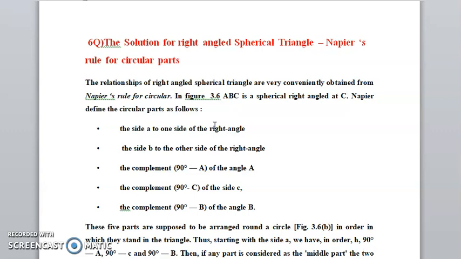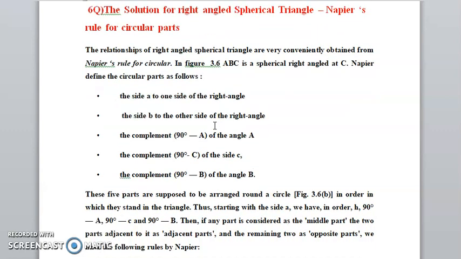ABC is the spherical triangle, right angled at C. Napier defined the circular parts as follows: the side a, one side of the right angle; side b, the other side of the right angle; the complement 90 minus A of the angle A; the complement 90 minus c of the side c; and the complement 90 minus B of the angle B.